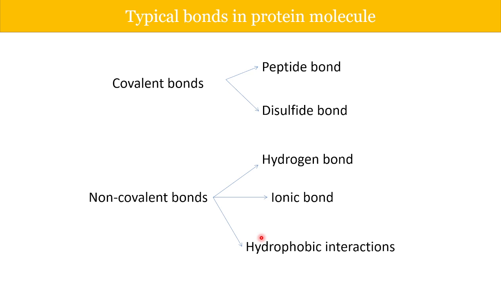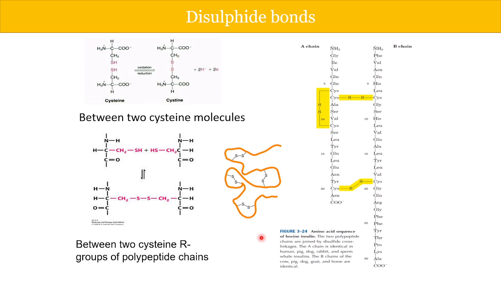Okay, so these are the numerous types of bonds or interactions that take place during the folding of a protein, or during the formation of a protein molecule. Now if you go into the depth of these bonds, probably the disulfide bonds, you all know, are found between cysteine molecules, where there is an oxidation reaction where the hydrogen is lost from the two cysteines, and the disulfide bond is formed in an oxidized condition.